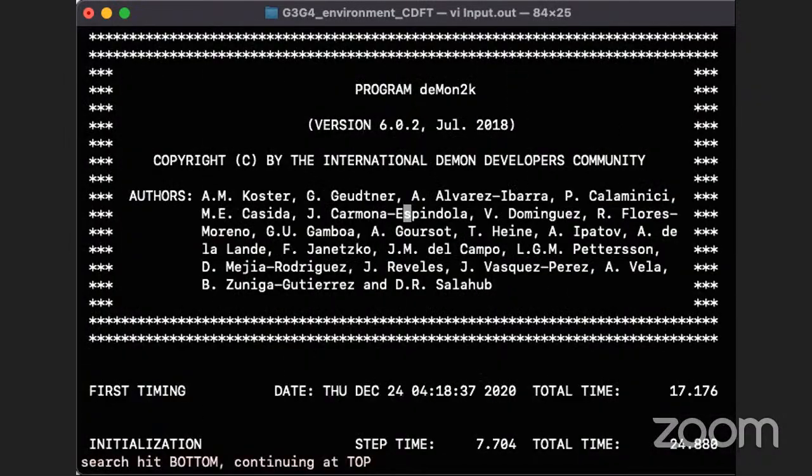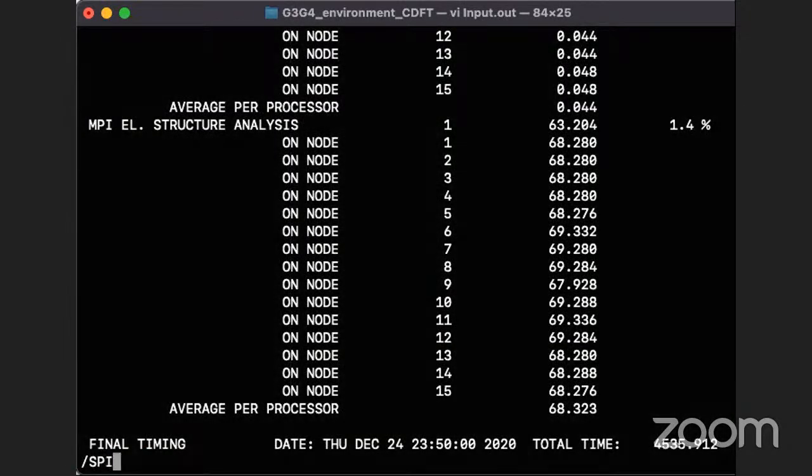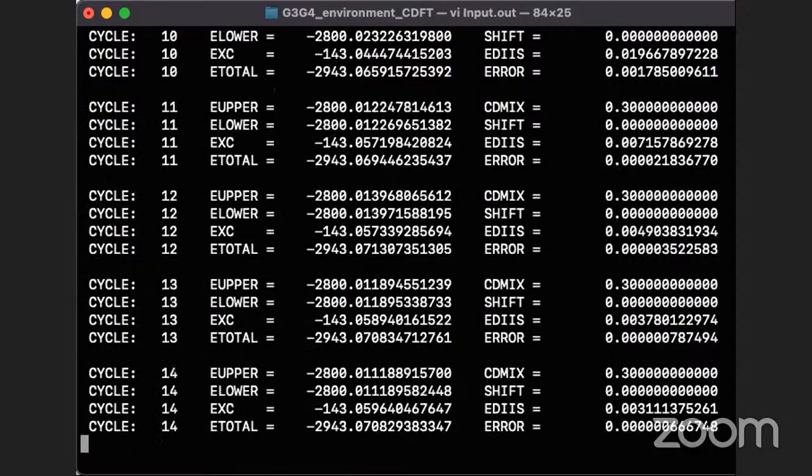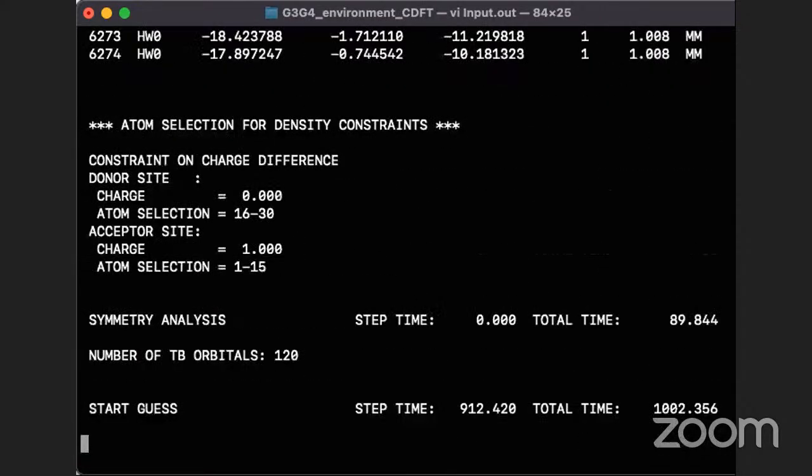If you want to look at the spin density, for instance, everything is written with capital letters, and you can just check the energy and so on. Convergence is fairly rapid because it's quite a small system, and we had to define a donor and an acceptor here.